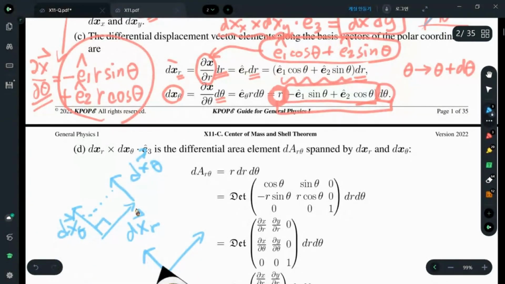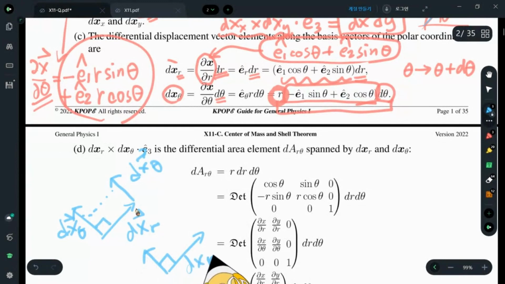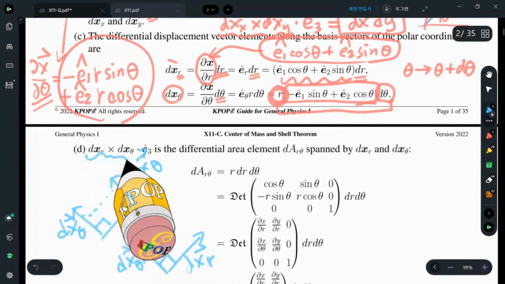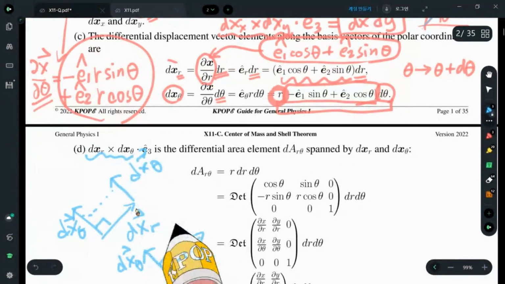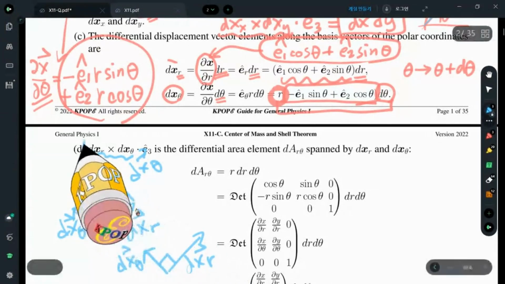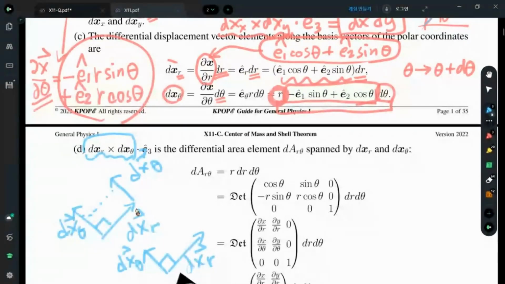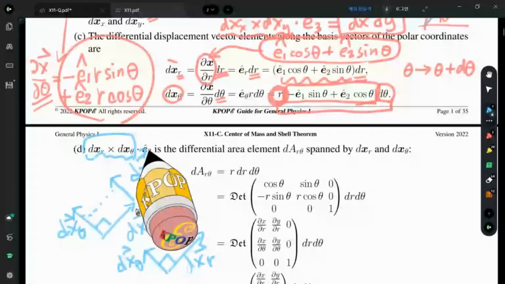Then we have a right angle. Always radial and tangent direction, they are always perpendicular to each other. This is dx r and dx theta. We take the cross product, and they are always on the same plane, the xy plane, and this cross product is always perpendicular to this xy plane, that is parallel to E3 hat.